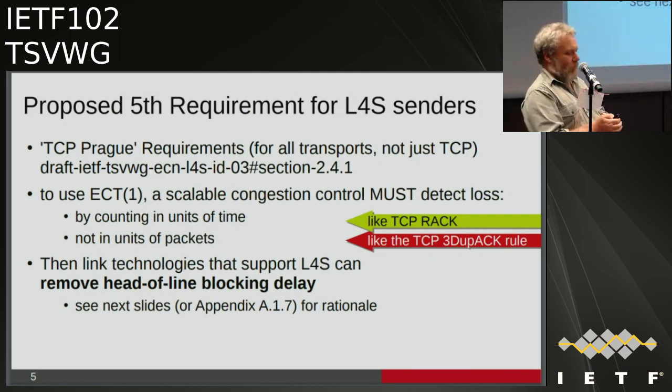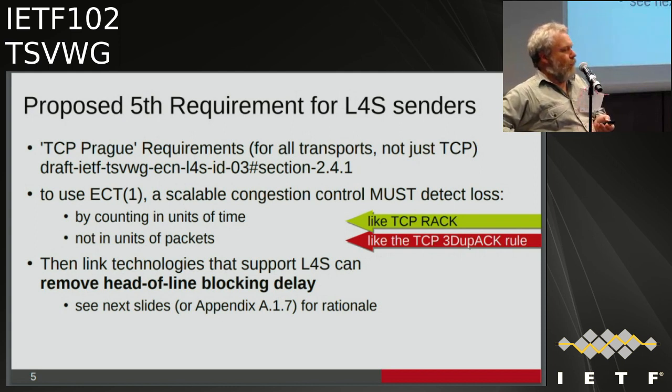I don't think we do mention that term, but it's not just for TCP; it's for all transports, and they're essentially requirements that the congestion control must satisfy in order to have the right to use this code point to send into the network. Essentially what it means is that this code point then says this congestion control or this transport is acting in a scalable way and it won't cause a queue, and so on. So it's entitled to go into that very low latency queue.